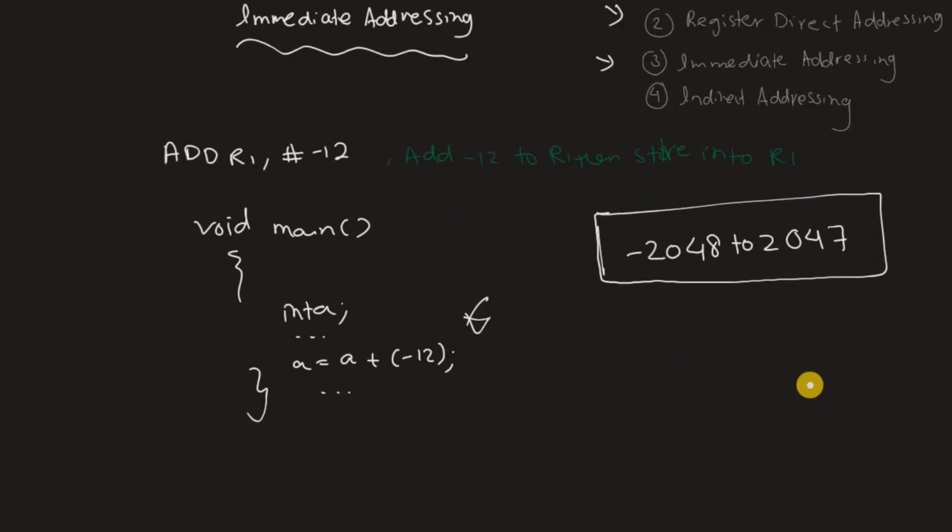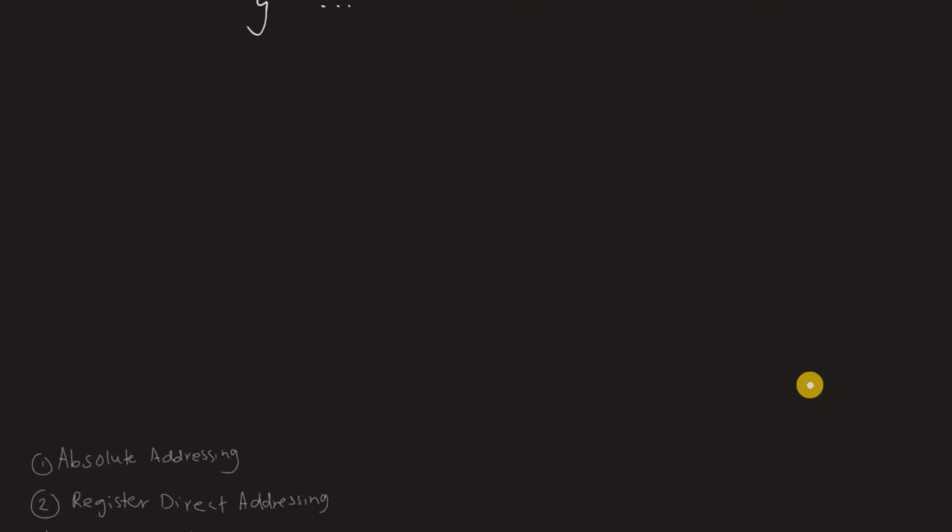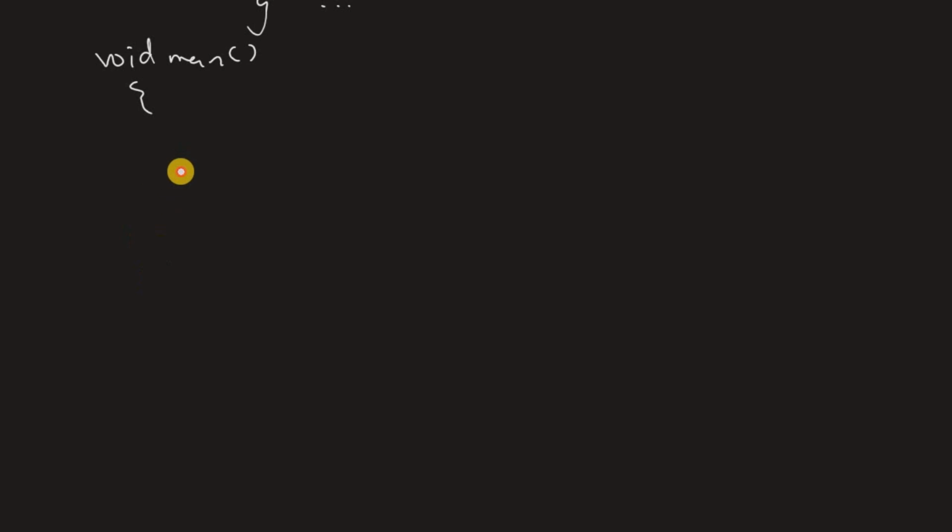For example, let's say we have this code, and this time our constant is this one, and we want to place it into the variable a, so R1.